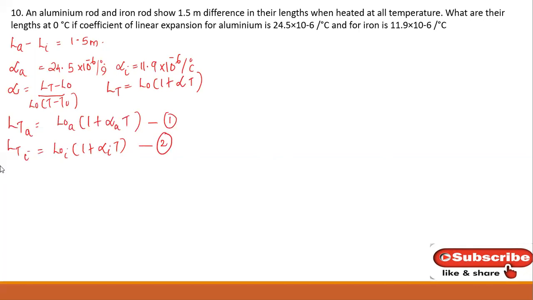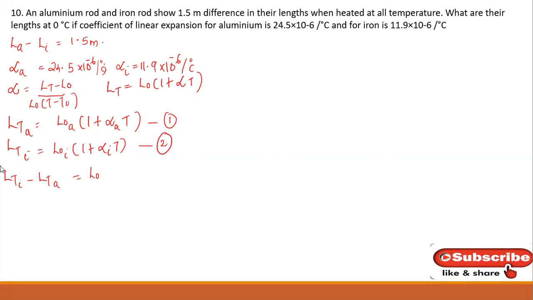On subtracting equation number 1 from 2, that is 2 minus 1, we will get LTI minus LTA is equal to L0 into 1 plus alpha T, and on opening the bracket, L0 alpha I T will come.